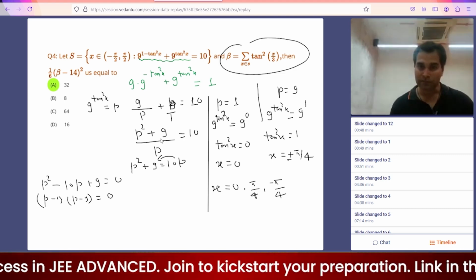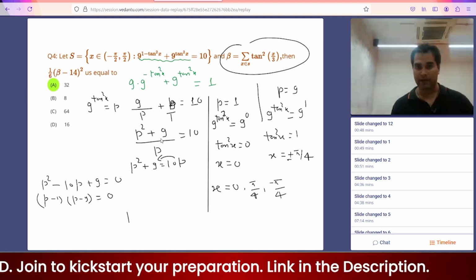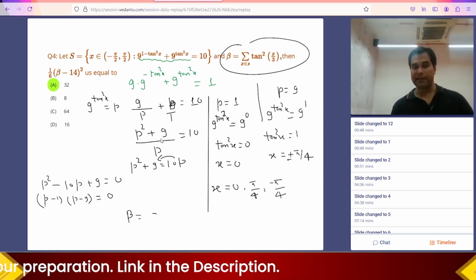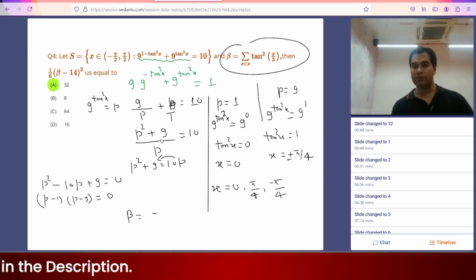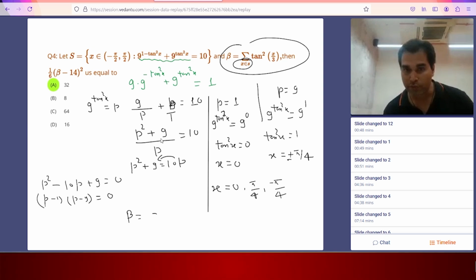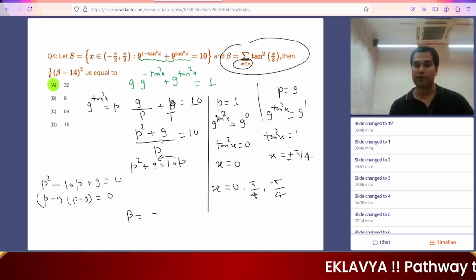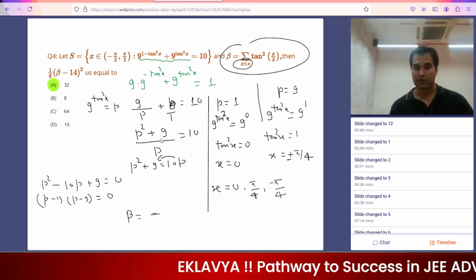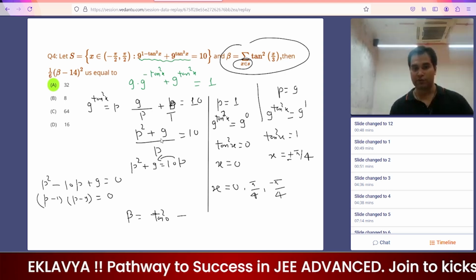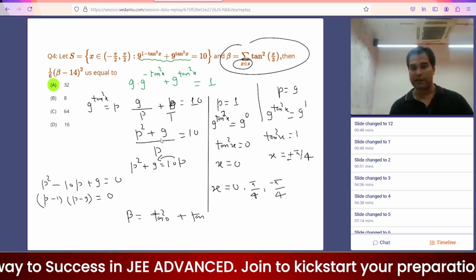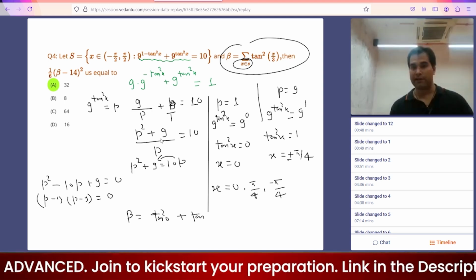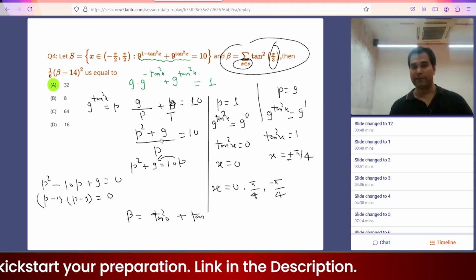Now to find beta, beta equals the summation over x belonging to S, so these three exact values we substitute here: tan square of 0 plus tan square of pi by 4.